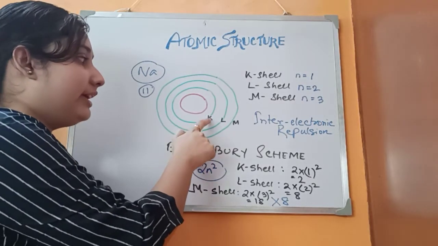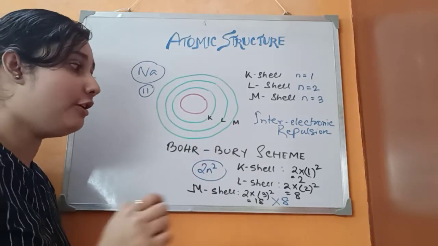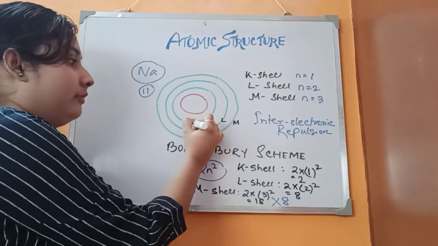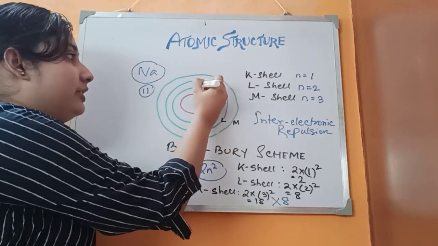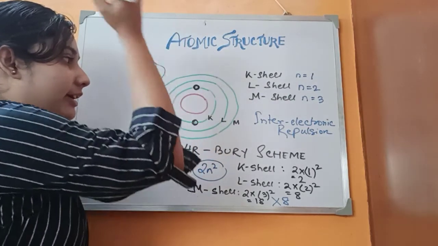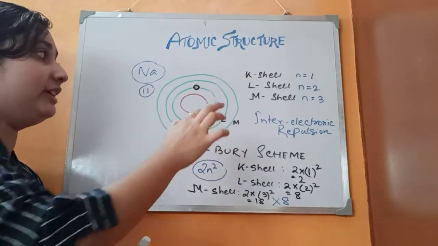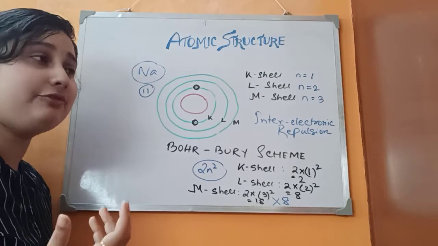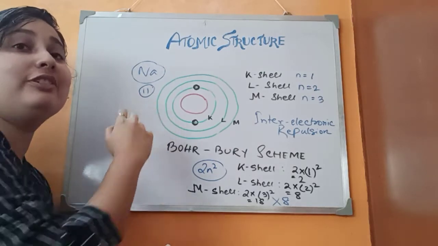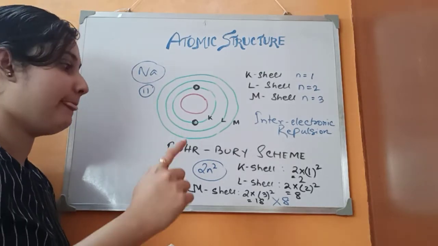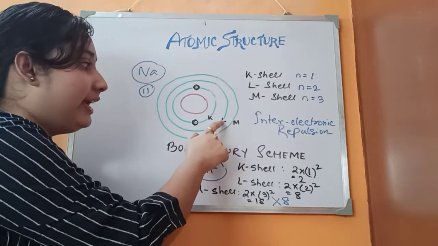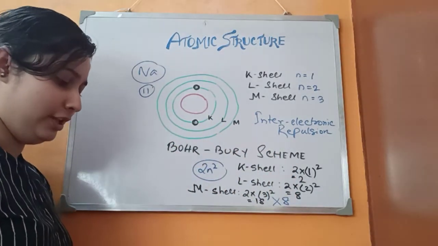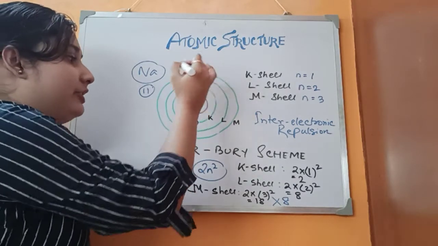I have told you the K shell can hold a maximum of 2 electrons, so I am putting 2 electrons in the K shell. After that, we are left with 11 minus 2, 9 electrons. The L shell can hold a maximum of 8 electrons, so let's put the 8 electrons in the L shell.